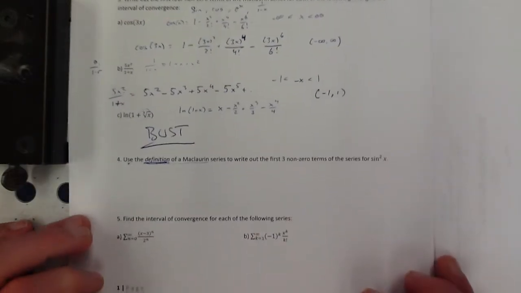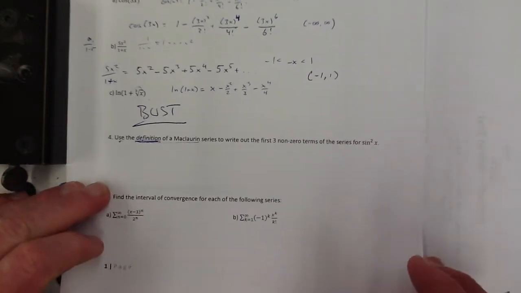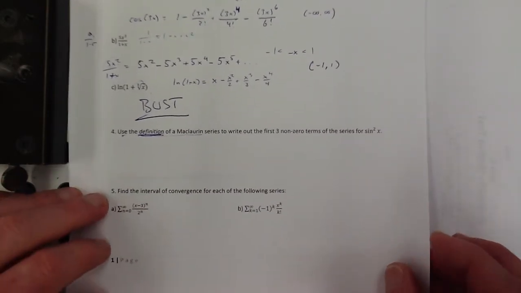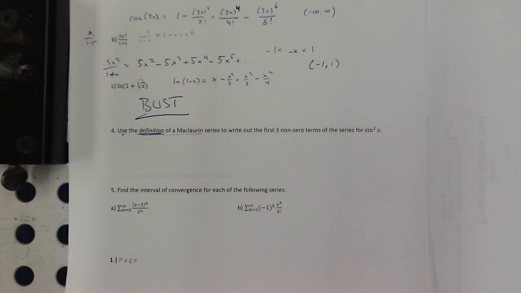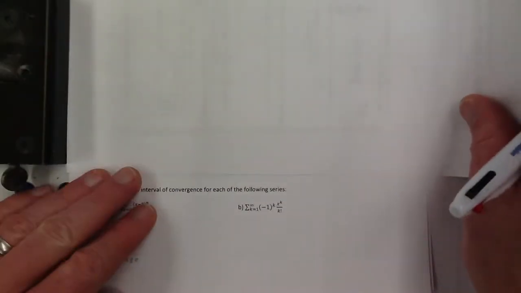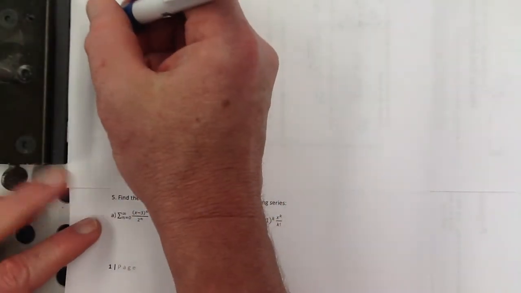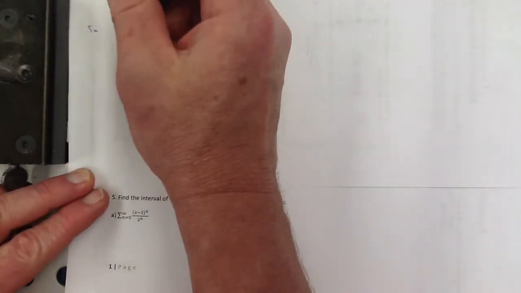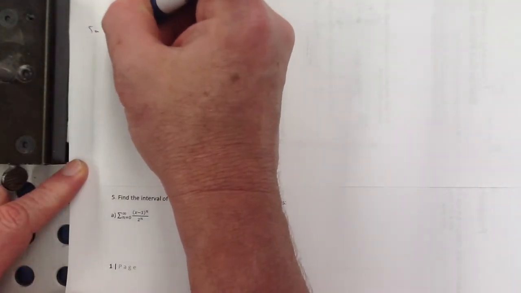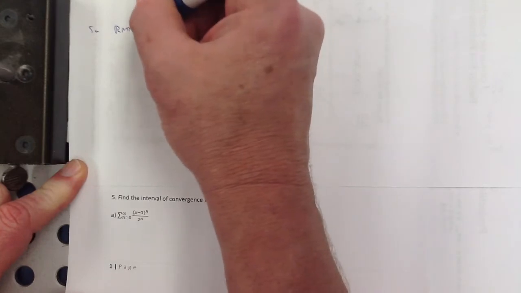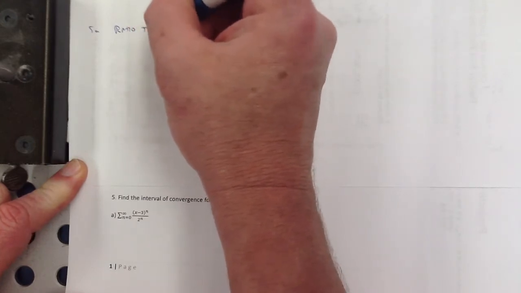Okay, find the interval of convergence for each of the following series. So how do I find the interval of convergence of something? I do the ratio test. So for 5a, I'm going to announce to the world, hey world, doing the ratio test here.